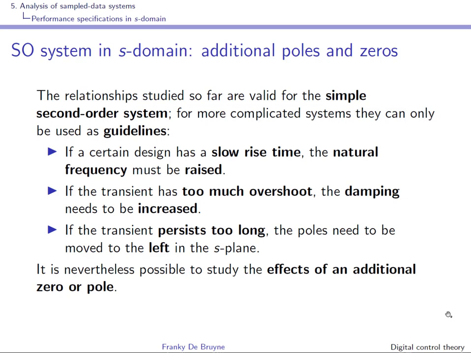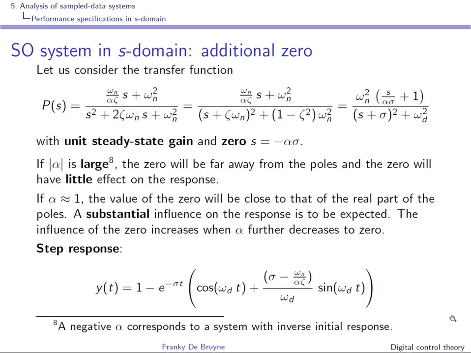And if the transition persists too long, in the sense that the settling time is too long, then the poles need to be moved to the left in the complex plane. Nevertheless, it is interesting to study the effects of an additional zero or pole, and this is what we'll do in the next slides.